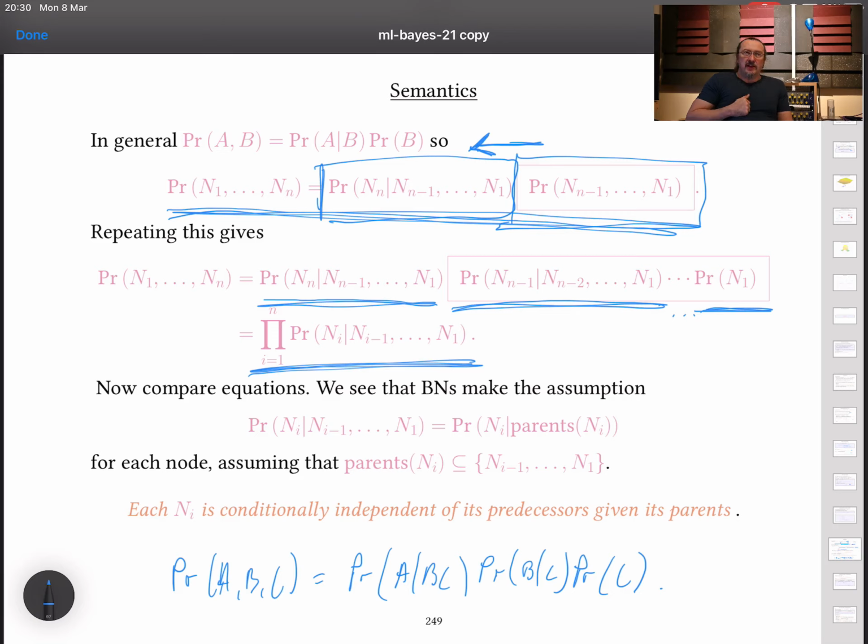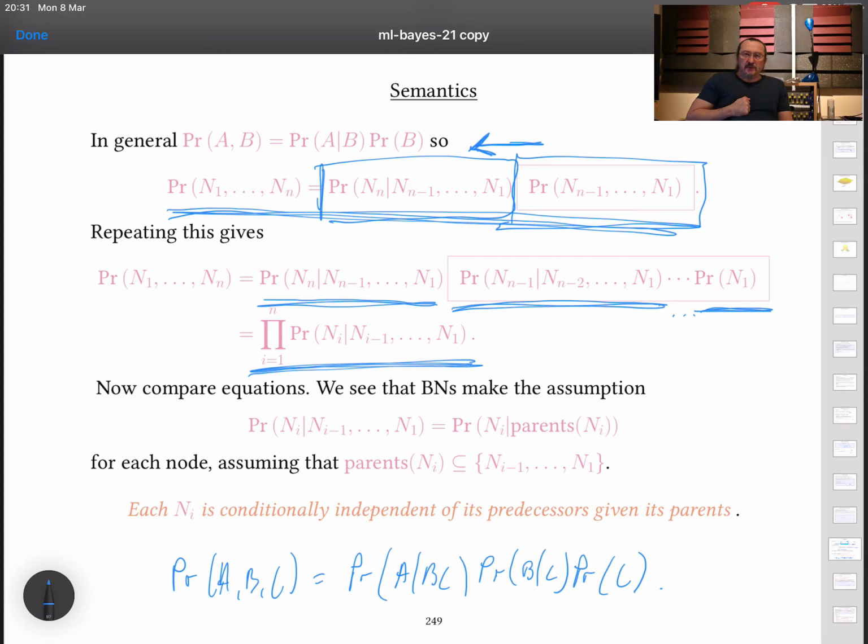That means we have less in terms of the numbers that we have to come up with. It also means that if we've been sensible in terms of how we've done this, we can probably use domain knowledge not only to come up with the structure of the network, but to come up with the numbers to put in these tables. Once we've done that, we have a simple way in which that Bayesian network maps onto a full joint distribution over all of its random variables.